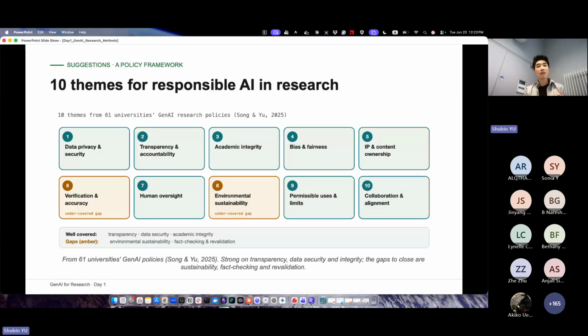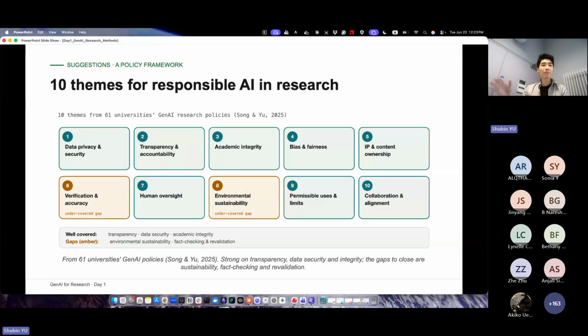And my colleague and I also did a study. We tried to scrape policies from different universities. For the top 100 universities according to the Shanghai ranking, we got policies from 61 universities. So they're GenAI research policies.